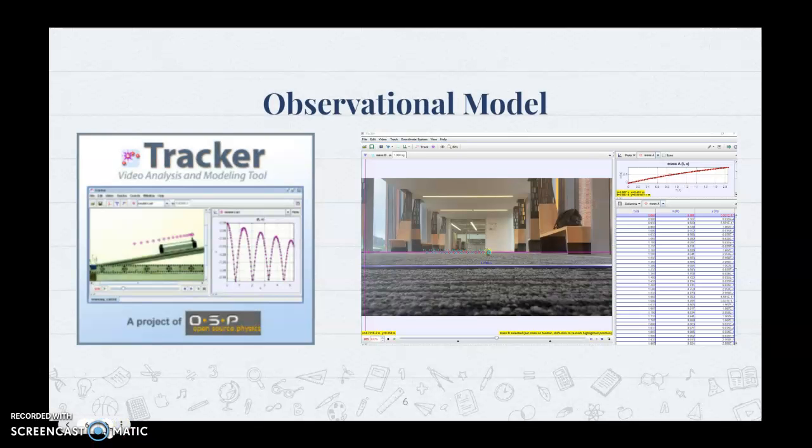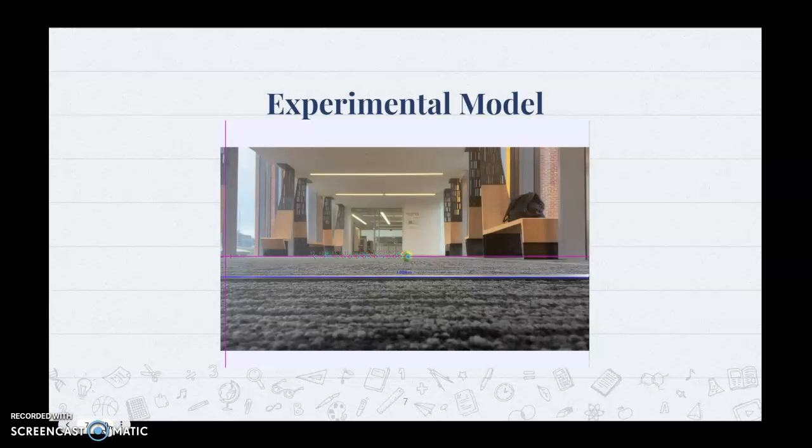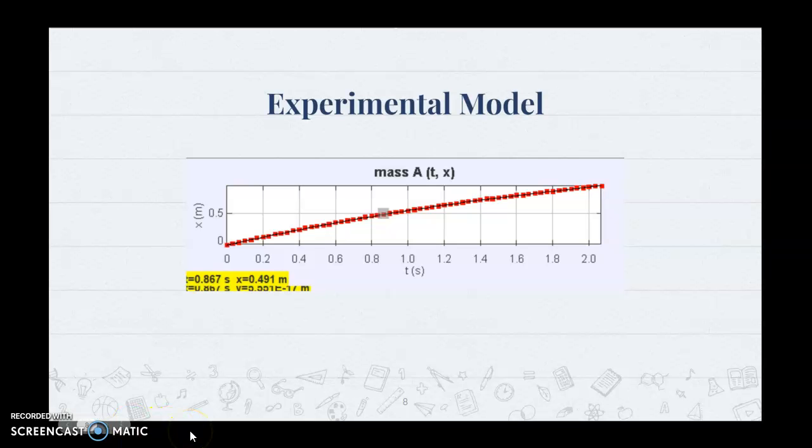I took a video of a tennis ball rolling across the floor and inputted it into the Tracker software. Tracker was able to record the position of the tennis ball over an amount of time. Using its features, I set the axis in which measurements are determined to be that right is positive and left is negative. After recording the ball's position over an amount of time, our observational graph resulted in this.